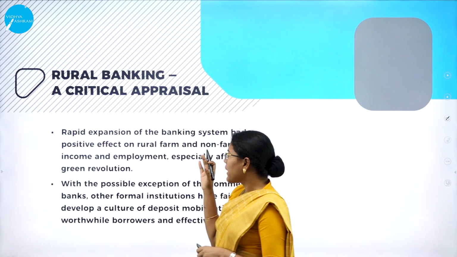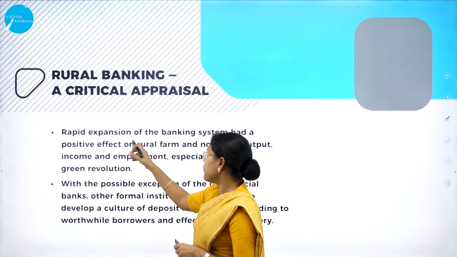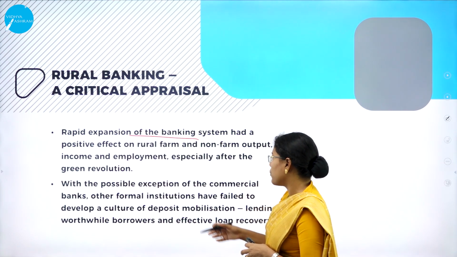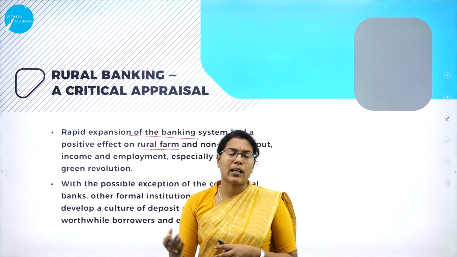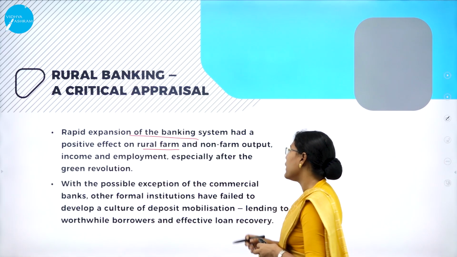Then coming to the critical aspects of rural banking, the rapid expansion of the banking system had a positive effect on rural farm as it lent loans and advances to the farmers, but with very high interest.